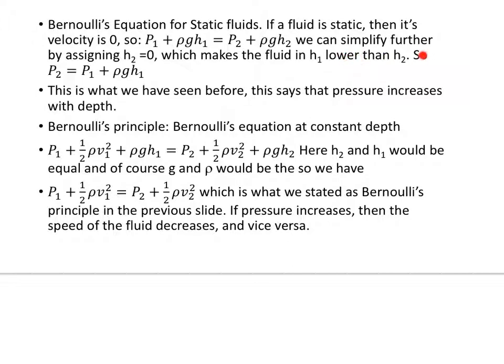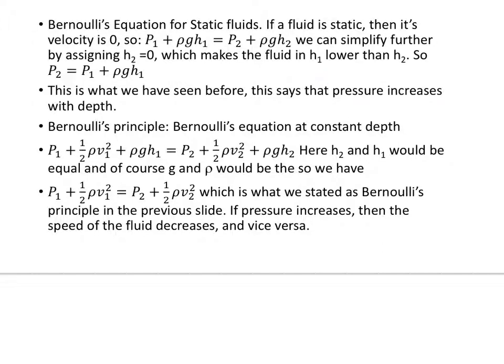We can simplify this further by assigning H2 to be equal to 0. This can be just an arbitrary point. So we're making that 0, and that makes H1 lower than H2.